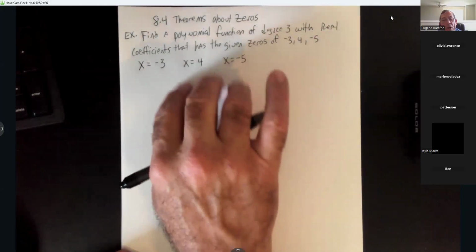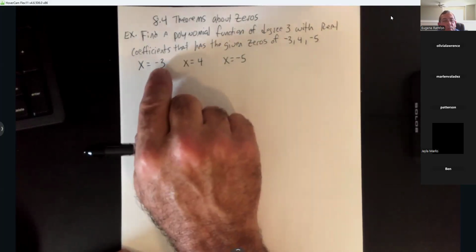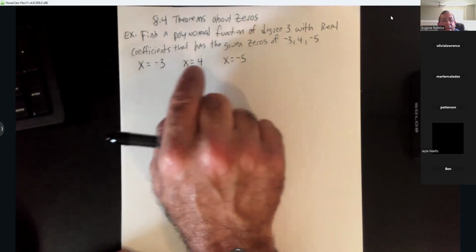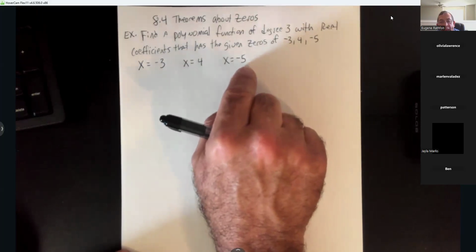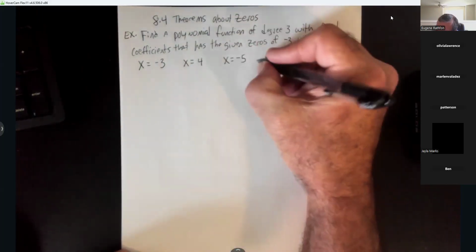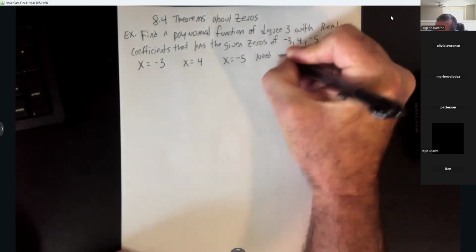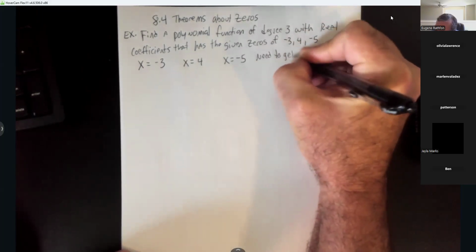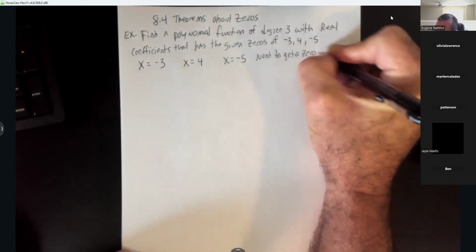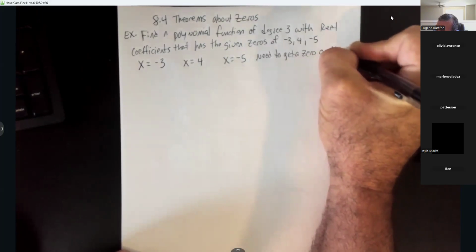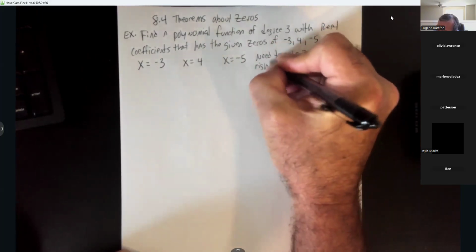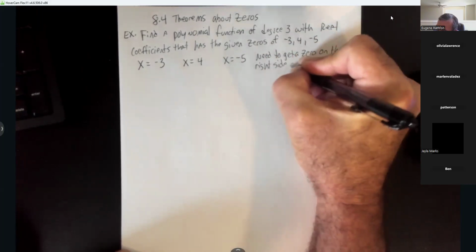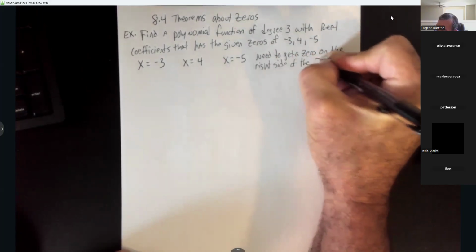Now, we're going to go in reverse. So to go in reverse, we need a 0 on the right side of all these answers. So the first thing we need to do, we need to get a 0 on the right side of the equals.